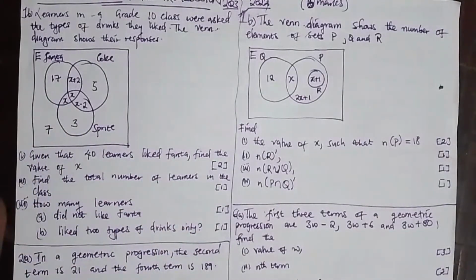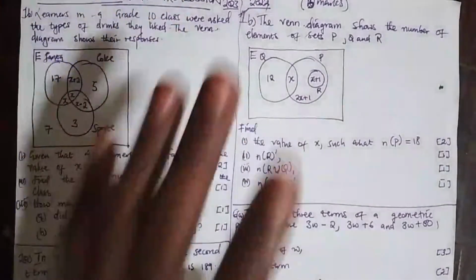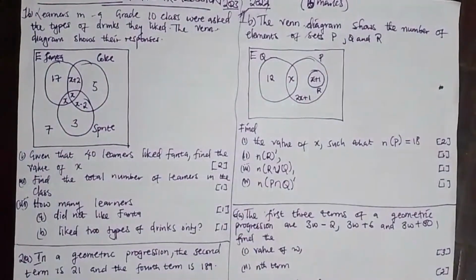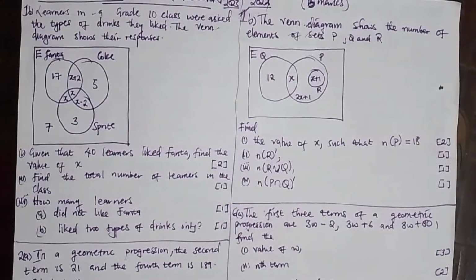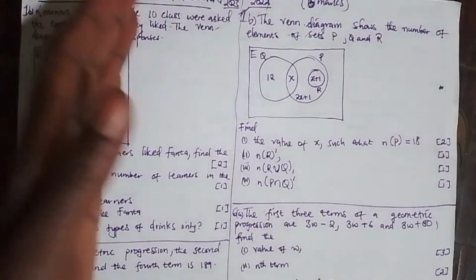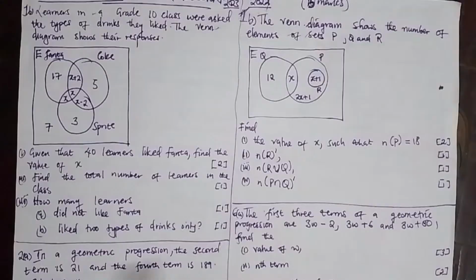It's very, very simple. Sets and geometric progression. It's simple, but most students skip it, and it carries a lot of marks. When you combine sets and geometric progression, these two questions alone carry 10 marks.